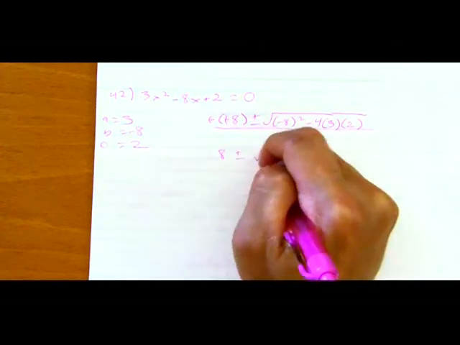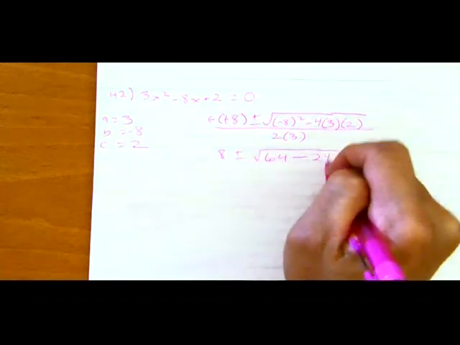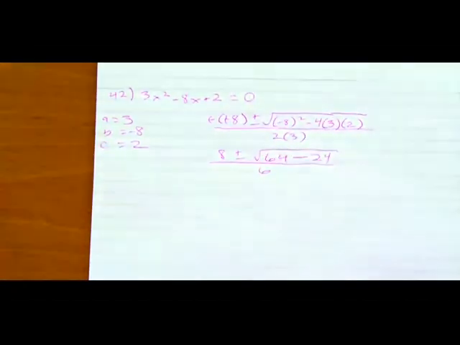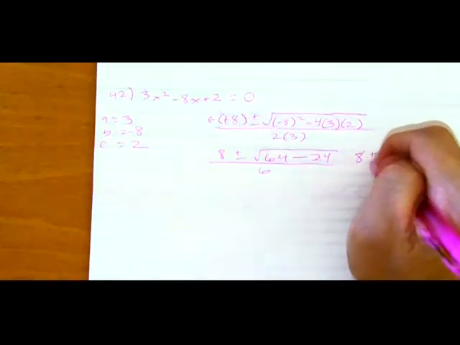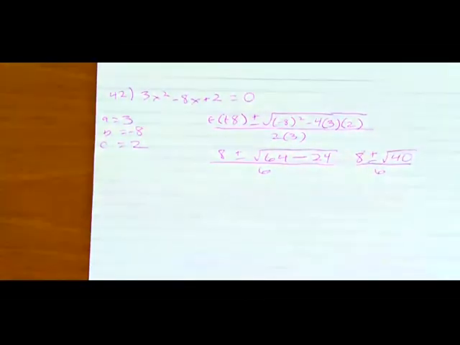Plus or minus 64 minus 24 over 6. 8 plus or minus square root of 40 over 6.